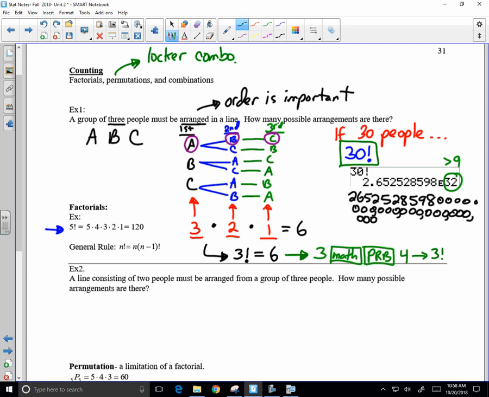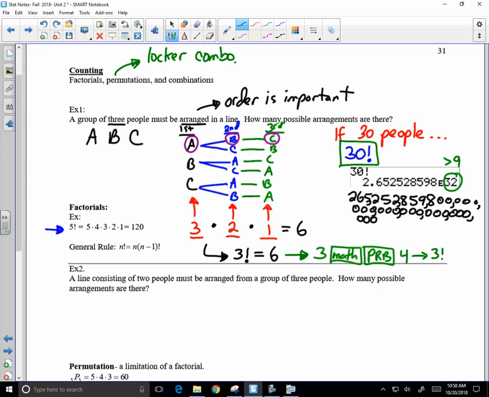Honestly, I don't even know what this number is called. I'm sure it has a fancy name. But we're beyond trillions, quadrillions, whatever. That's a huge number.